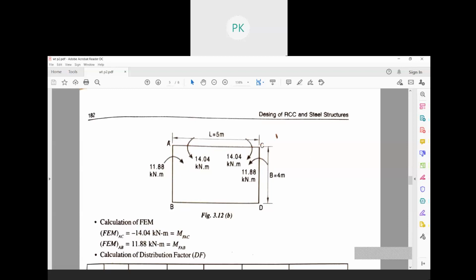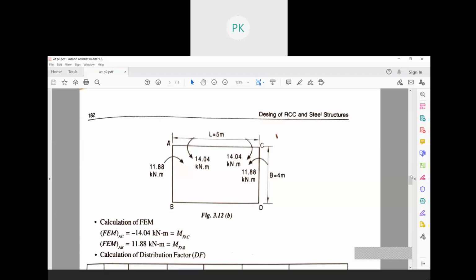So calculation of FEM. If you calculate the FEM, that is fixed end moments, you have FAC is minus 14.04 kilonewton meter, and also moment along FAC is also equal to minus 14.04 kilonewton meter.